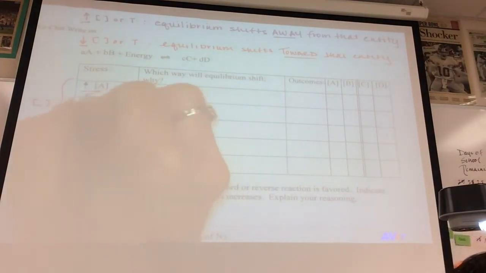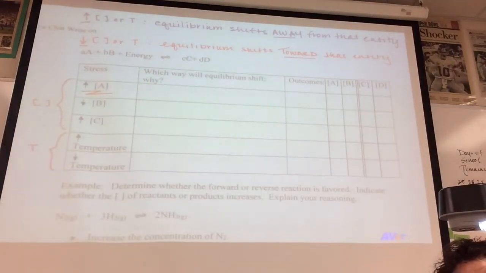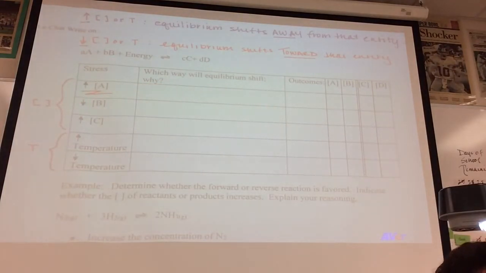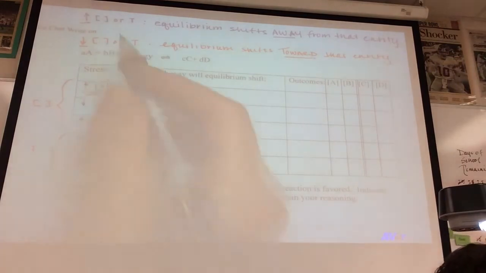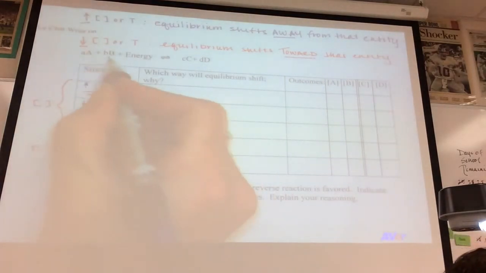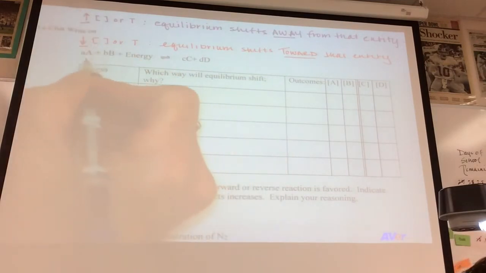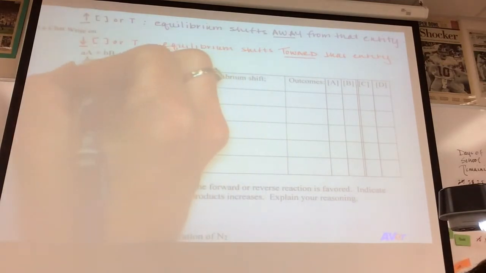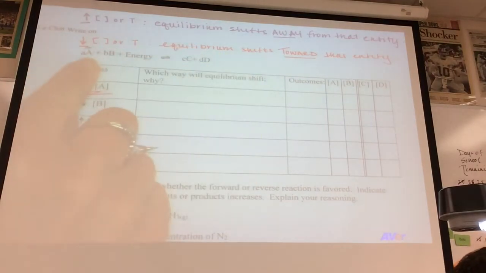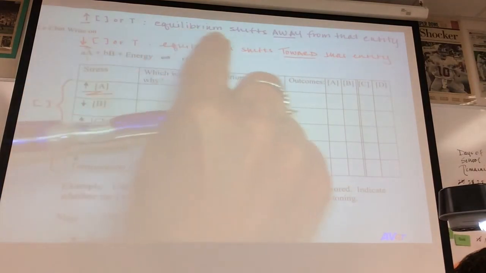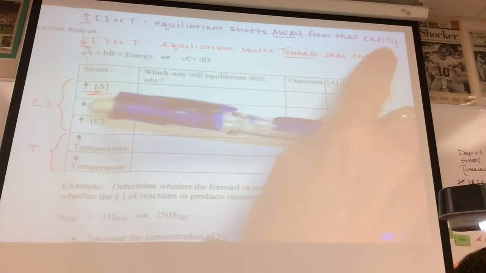If we increase the concentration of A, the way that I like to approach this is I look at my balanced chemical equation showing equilibrium, a reversible reaction with equal rates. If I increase A, I'm adding more A to the system. A's increasing. Well, if I increase, I can see that equilibrium will shift away from that entity.